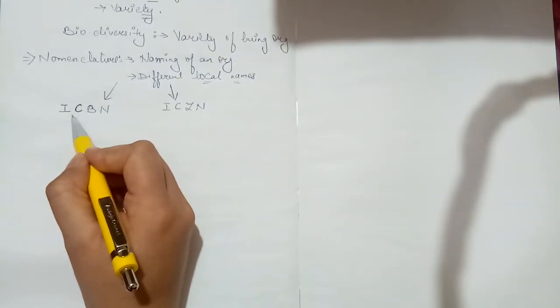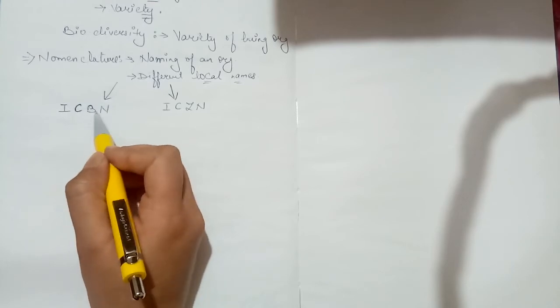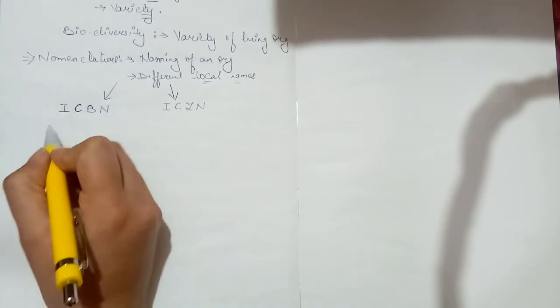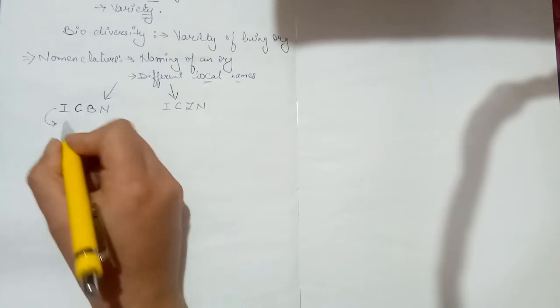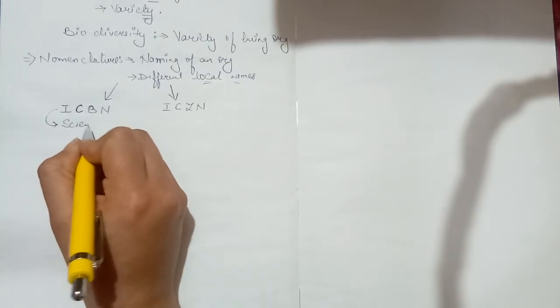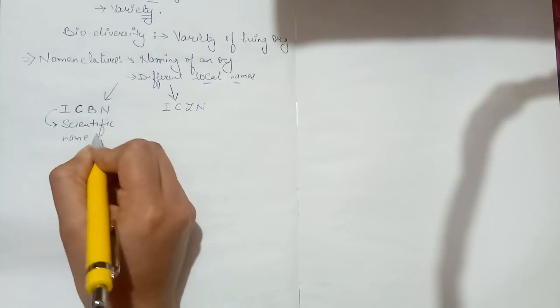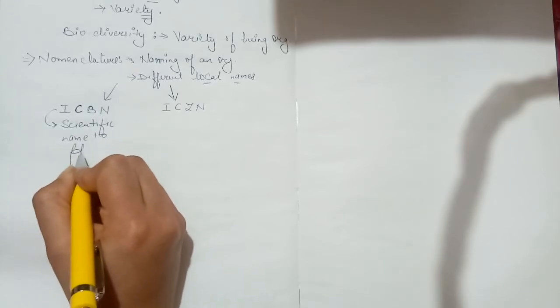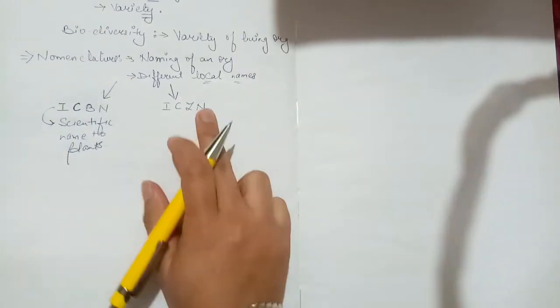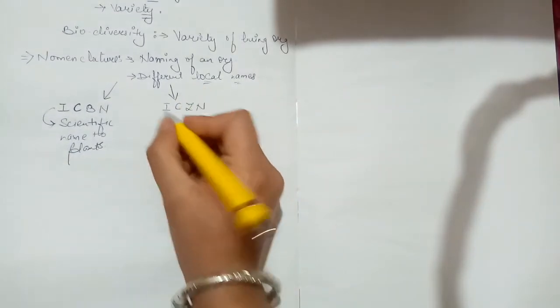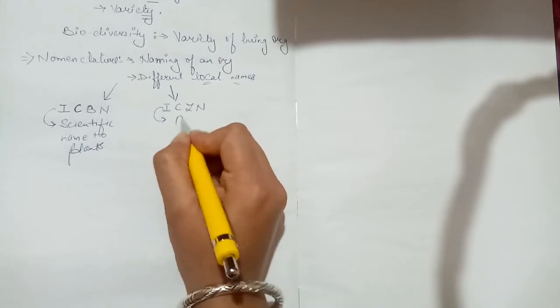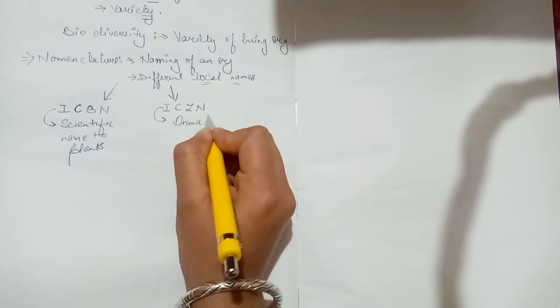ICBN, as the name suggests, provides the scientific name or universal name to plants, and ICZN provides the scientific name to animals.